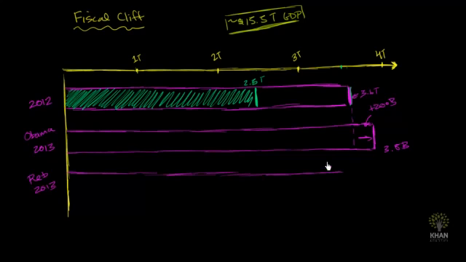That gets us to a budget of 3.5 trillion. So that's about that right over there. Once again, relative to 2012, you're going down by 100 billion. You're subtracting 100 billion.